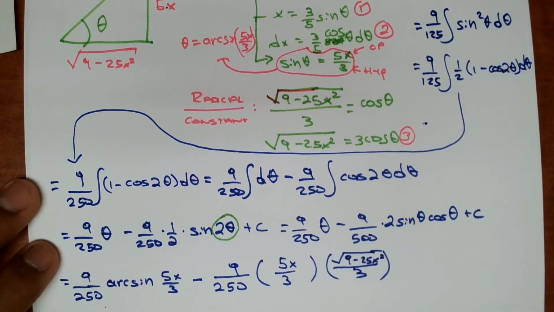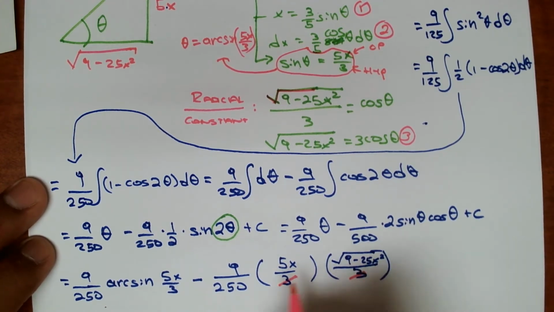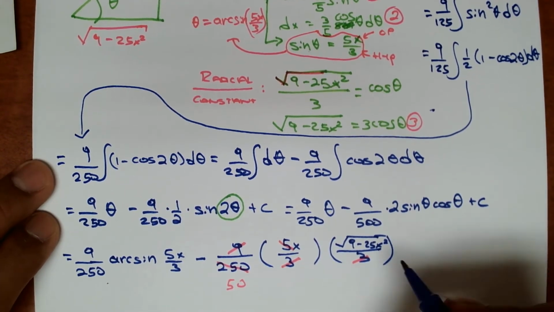So this is what's going to happen here. A lot is going to happen here. This 3 times 3, which is 9, cancels with this 3. And 5 over 250 is going to take us back to 50. Alright, 50. And then don't forget the plus c.